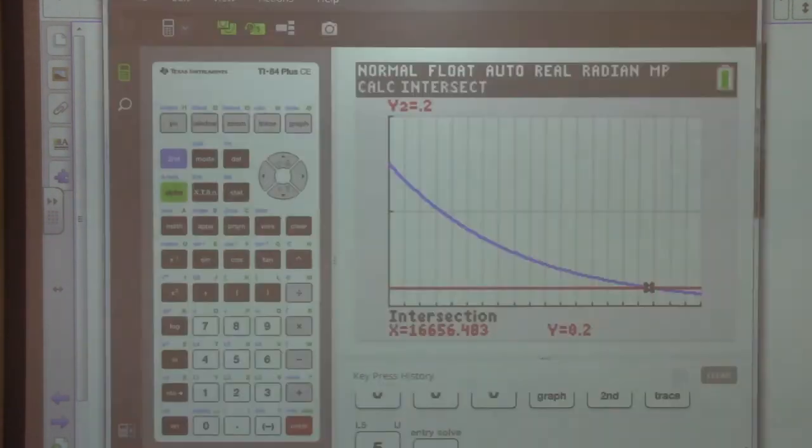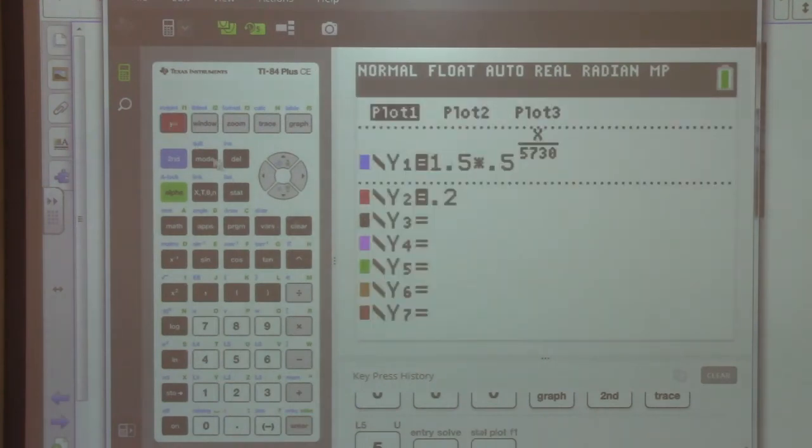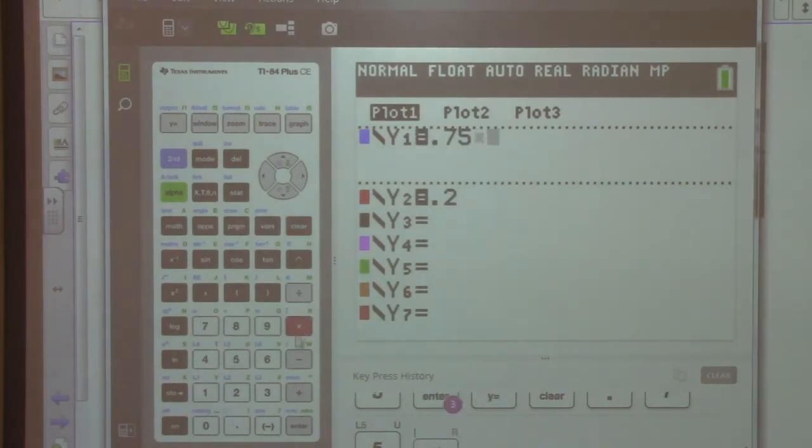My Y1 is 0.1, and Y2 is 0.75 times 0.75 to the T.